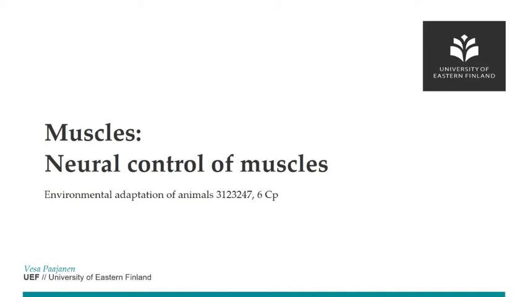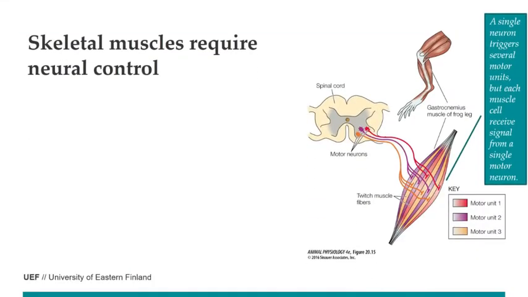Now we will discuss the neural control of the muscles, especially the skeletal muscles, because skeletal muscles can't move if their neurons are not telling them to do it. So we have motor neurons that start from the spinal cord, and the axons of these neurons go all the way until they find the right muscle cell.